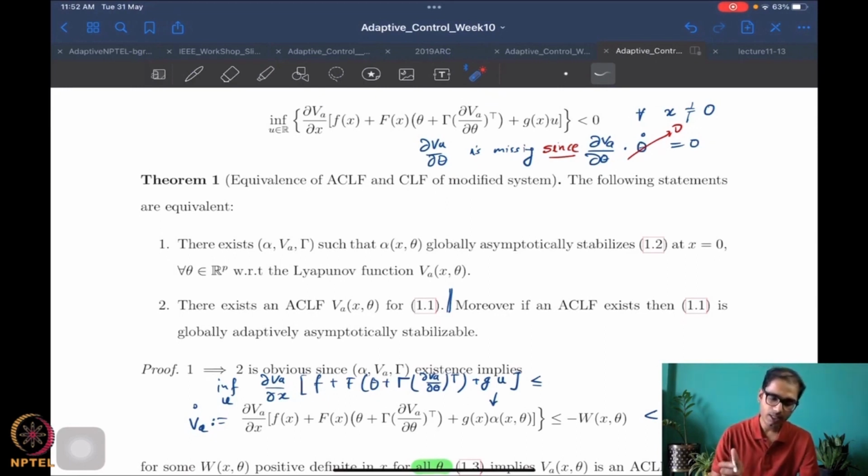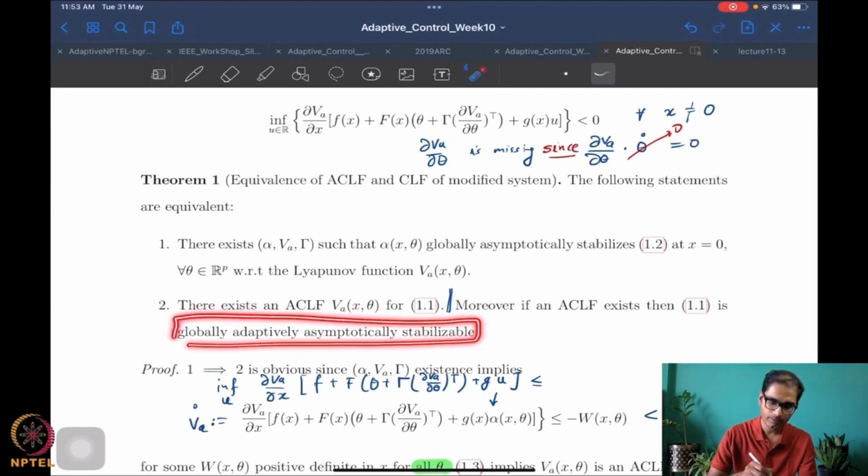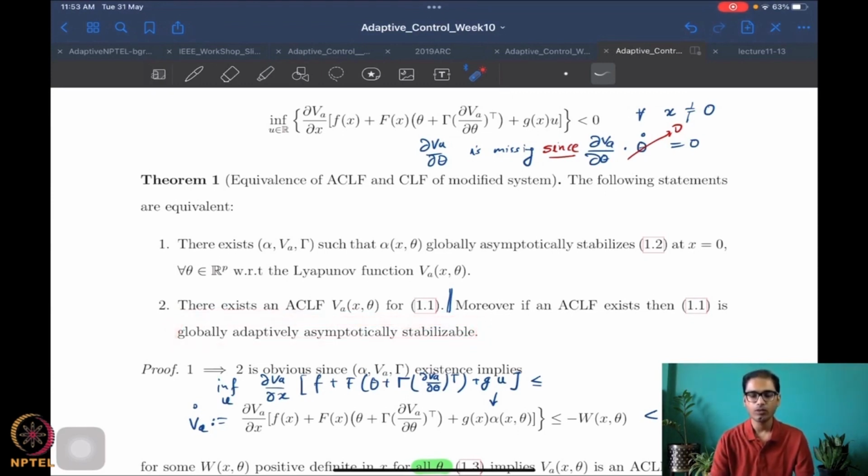Right. Now, there is an additional statement here, which is an important thing, and we do want to try and prove that. If an ACLF exists for 1.1, if you have an adaptive CLF for 1.1, then it is globally adaptively asymptotically stabilizable. So existence of an ACLF gives you an adaptive control law for the system.